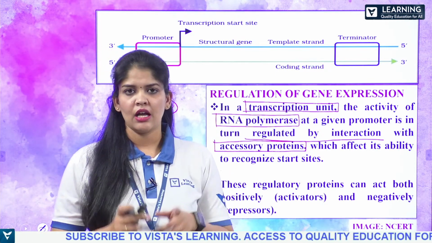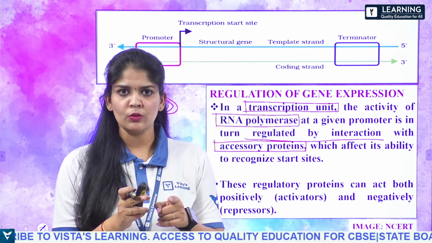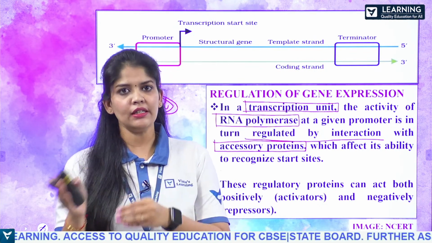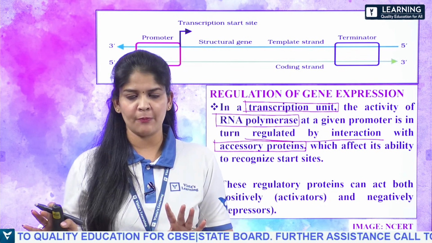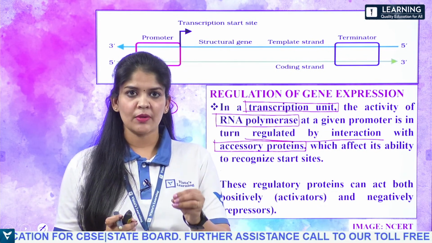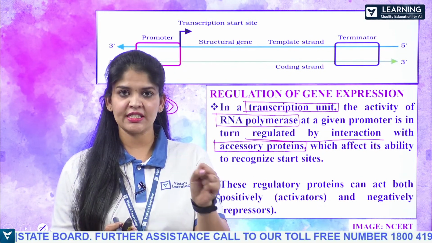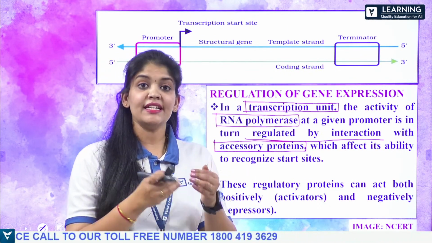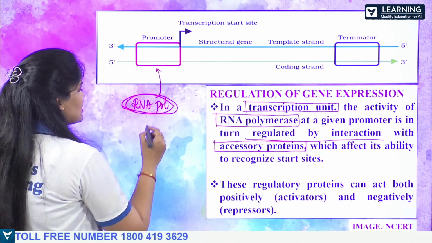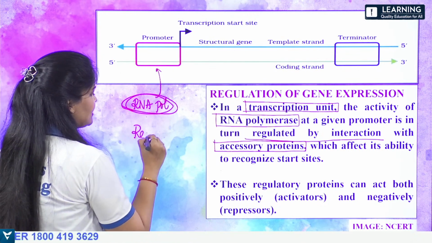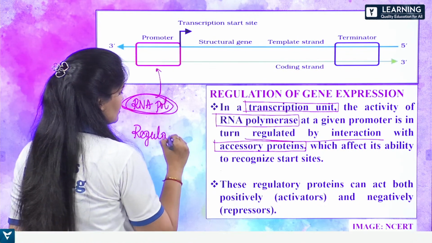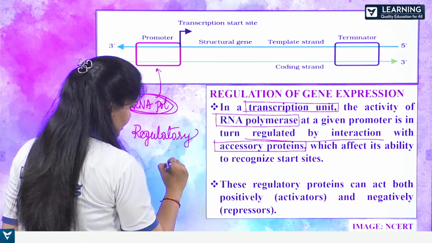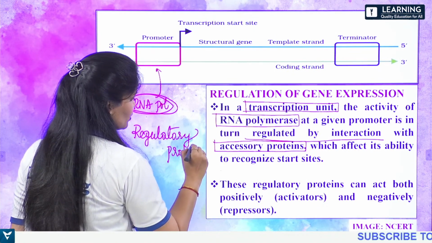See, RNA polymerase is needed to transcribe in order to produce the mRNA. First, this RNA polymerase has to recognize the promoter, which is the start site. Before that, it is under the control of regulatory proteins. And the point is, these regulatory proteins are of two types.